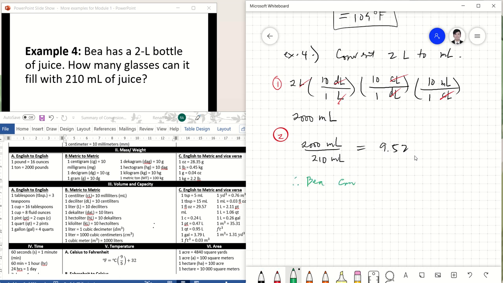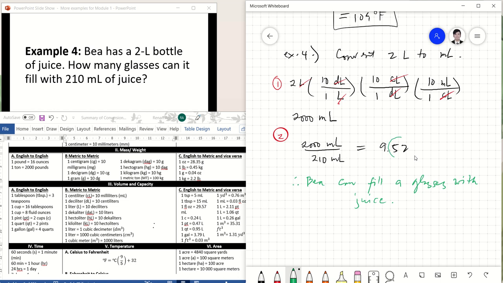Bea can fill. By the way, the three dots here, like a triangle, mean therefore. So therefore, Bea can fill 9 glasses with juice. So why is it only 9, not 10?